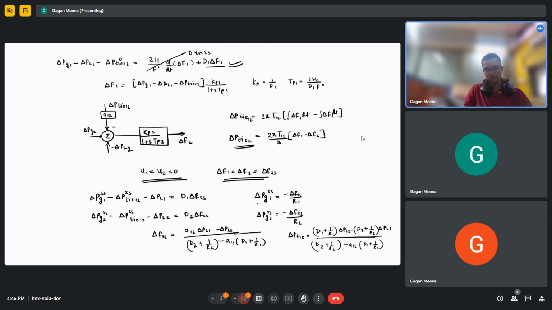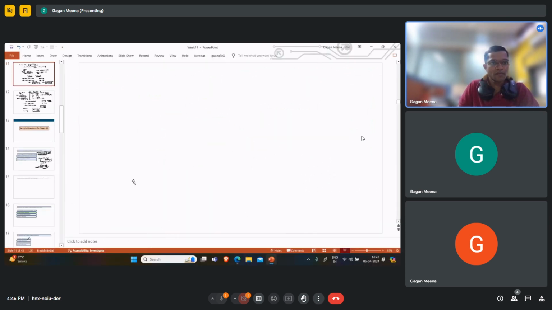So this is the same formula here. This only we have to use, because here A12 is equal to -1, as PR1 is equal to PR2.